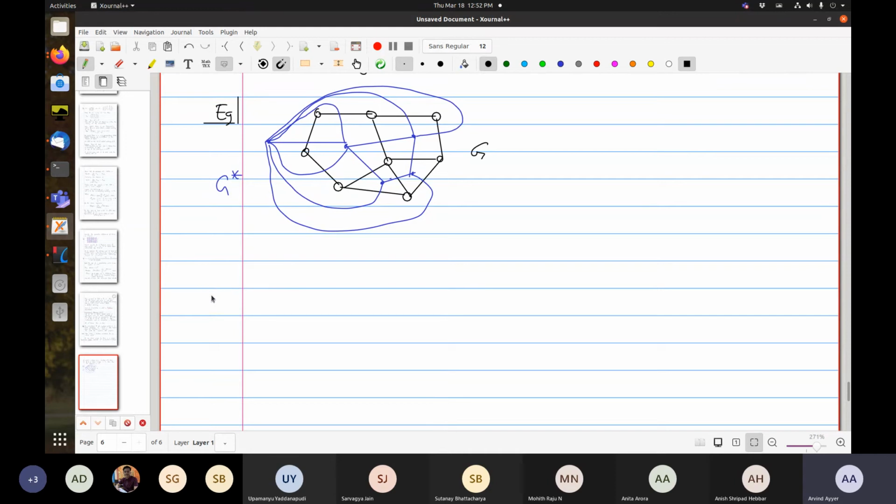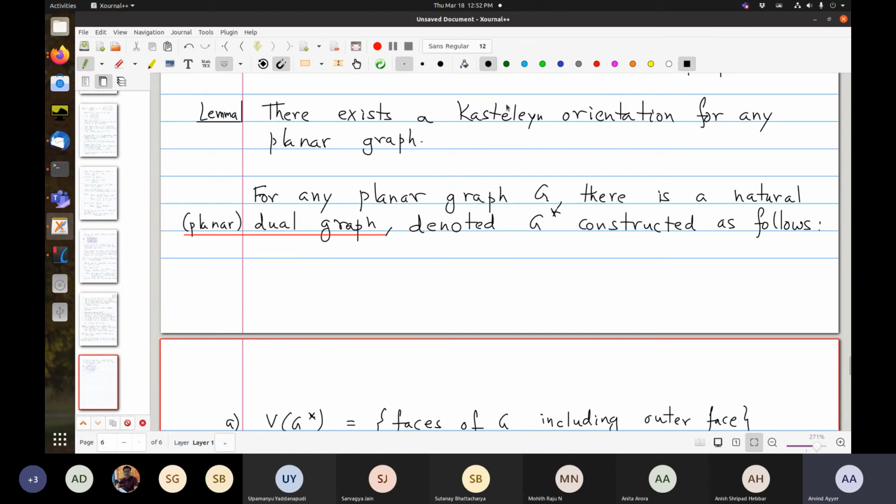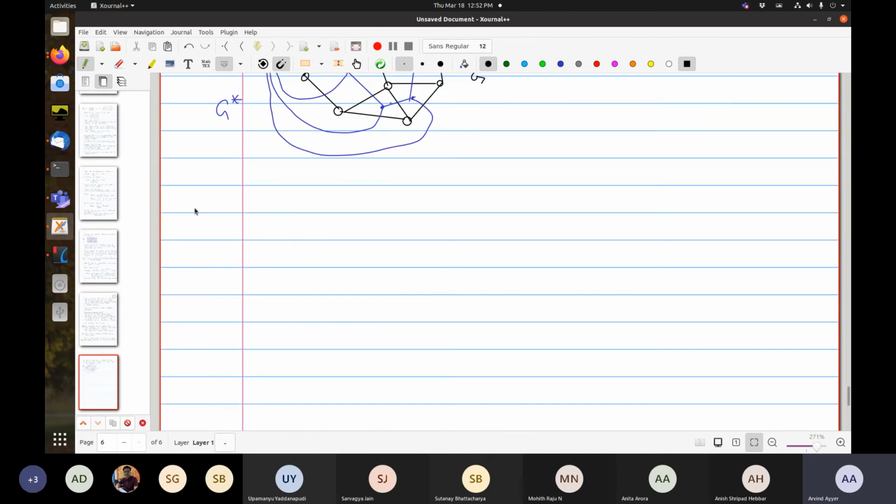Now, to get into the proof of this, I need another notion from graph theory. A tree is a connected graph. I'm assuming everybody understands what connected graph means.